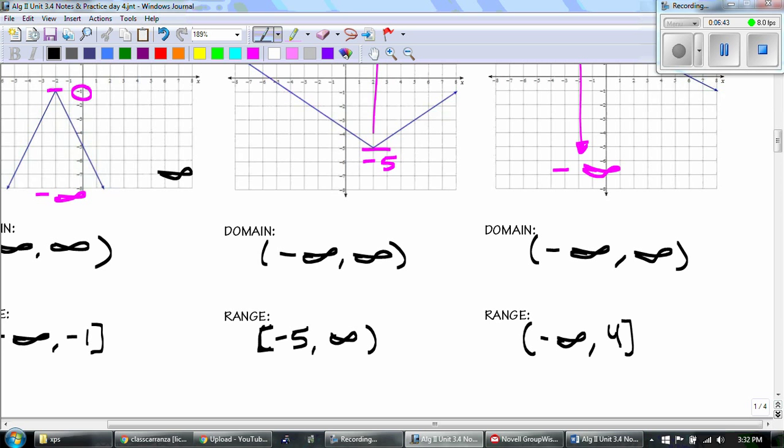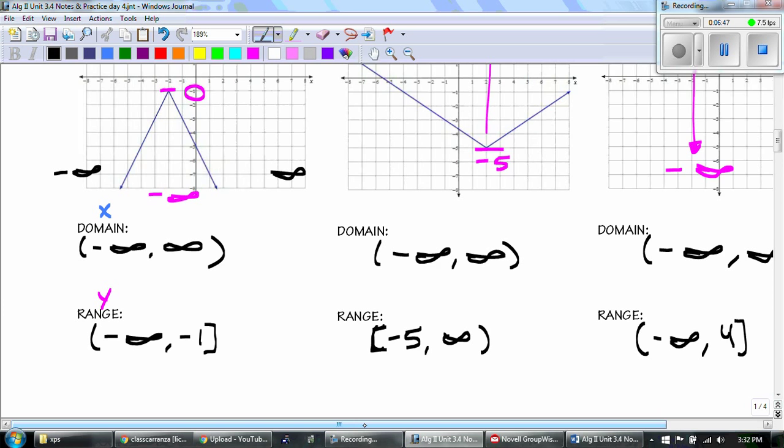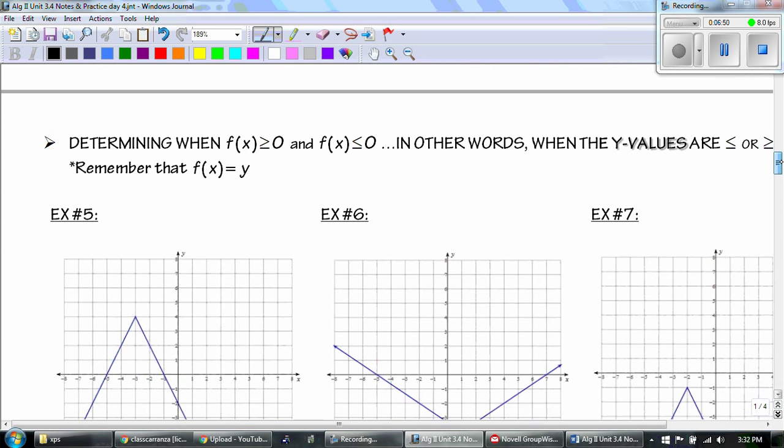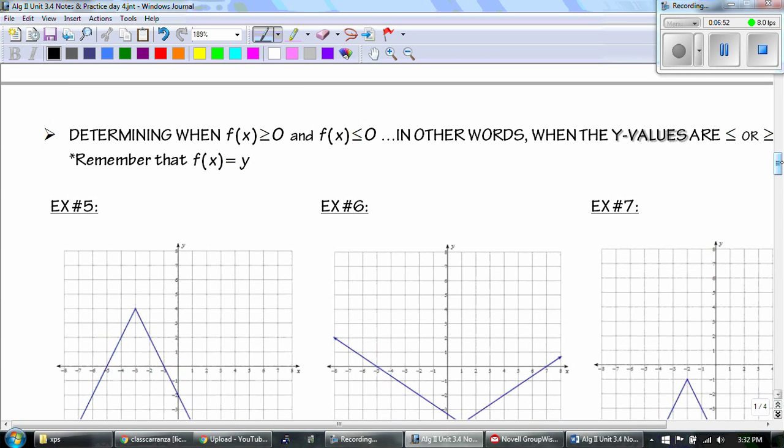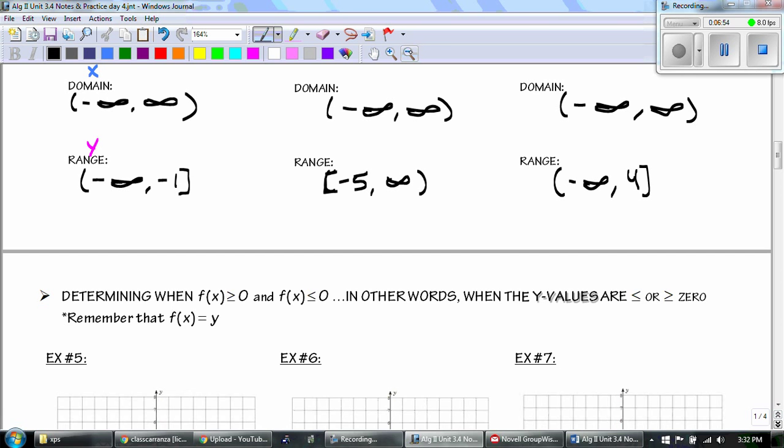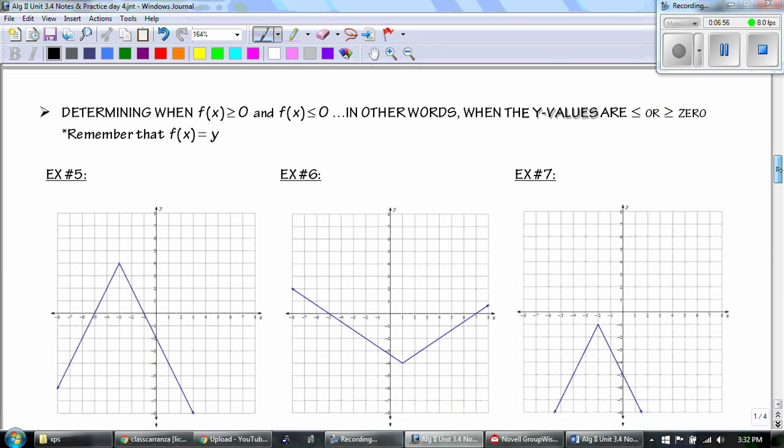All right, you ready for the fun stuff? Oh yeah, me too. So, what we're going to talk about now is looking at our graph and figuring out when it is greater than or equal to 0, and when it is less than or equal to 0. And when they're talking about f of x, remember that's the y.